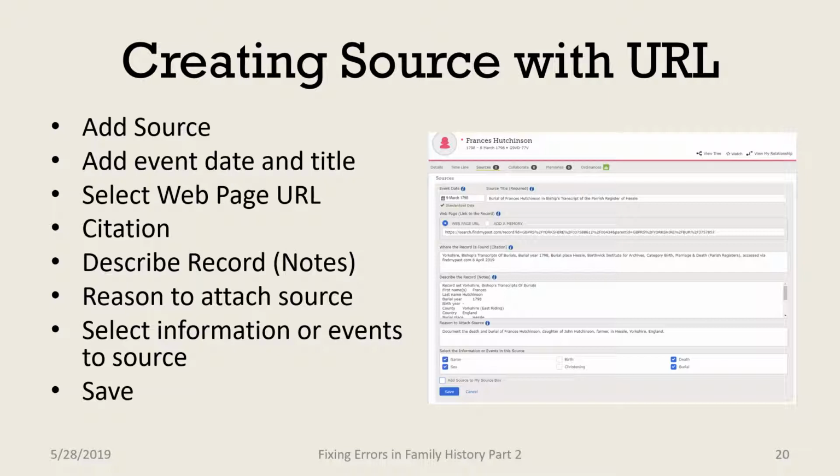In this case, I type Burial of Frances Hutchinson in Bishop's Transcripts of the Parish Register of Hessel. I select Web Page URL and paste the URL from the image or transcription from findmypast.com. I add a citation that describes when and where I found the record.